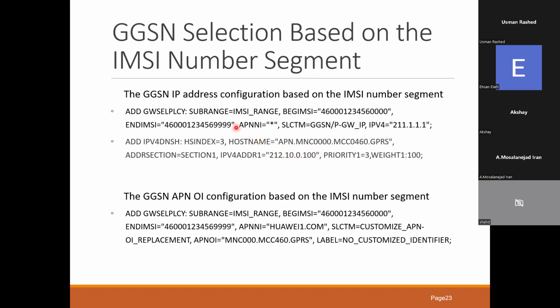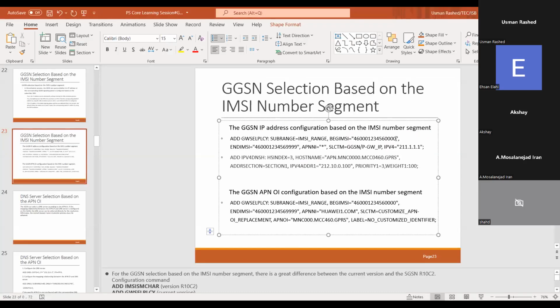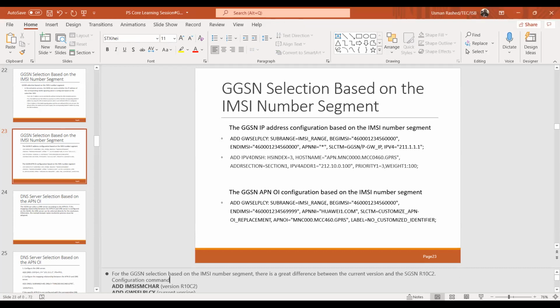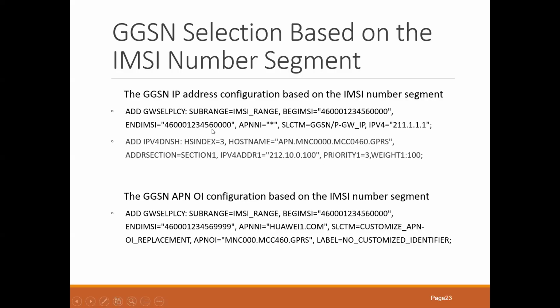Okay, this is specifically used when you need to route a single IMSI or a test IMSI towards a GGSN. In that case, you can specify this IMSI to be the begin IMSI, and you can specify this to be the end IMSI as well. In that case, only a single IMSI is going to be routed towards this GGSN.